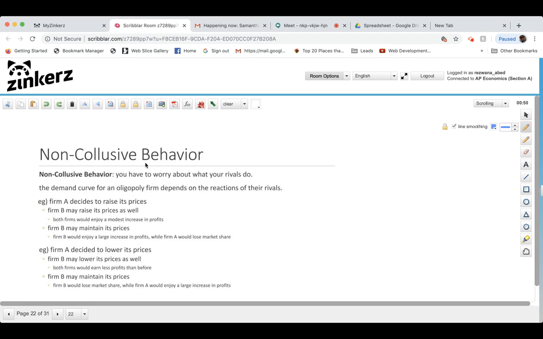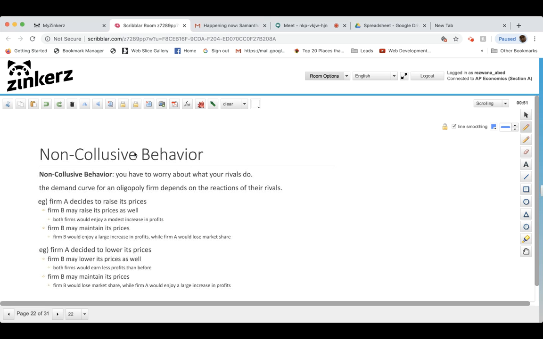Okay. All right. So then the other part of the behavior that oligopolies can exhibit is the non-collusive behavior. So this is if you don't collude. If you are not in agreement with your rival, you haven't met in secret and decided how much to produce, how much to charge for price.